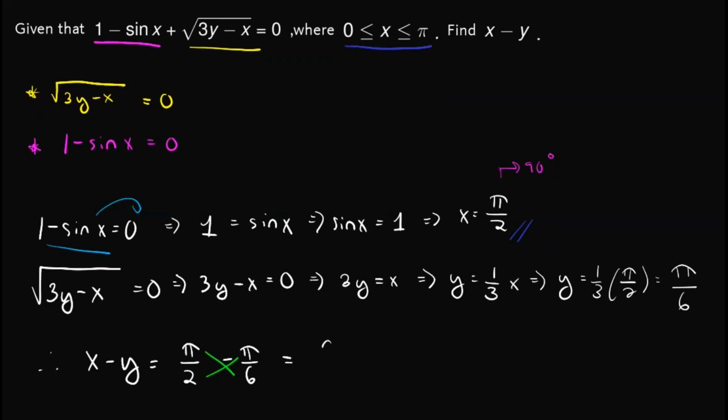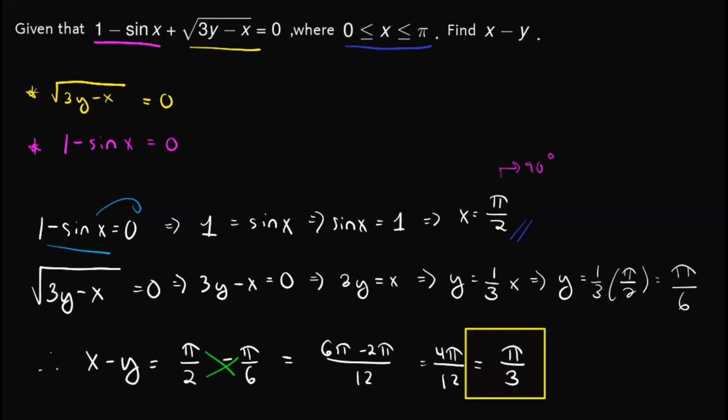So we would have 6 pi minus 2 pi all over 12, which is 4 pi over 12. Simplifying would give us pi over 3. And that is the answer for this problem.